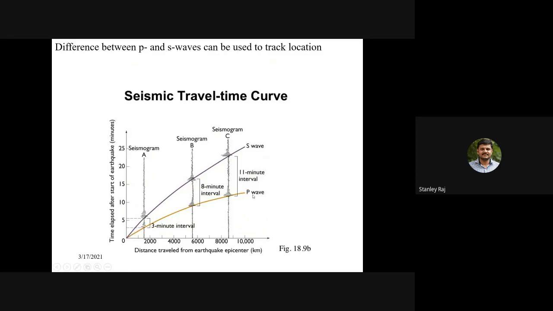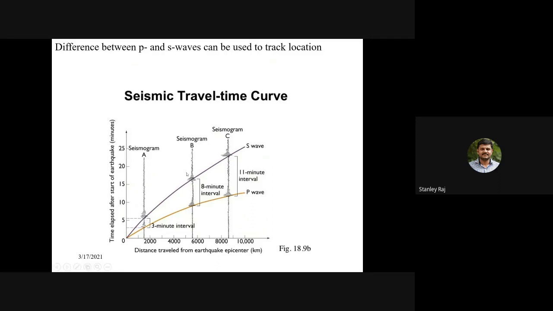The P wave has a particular velocity, as you see, Vp equals root of mu by rho, and the S wave has a particular velocity, so the graph will be like this. If you have a seismic station at a particular distance from the epicenter, where the earthquake originates, say around 200 or 1000 kilometers, we can plot it and find the time interval between P and S waves.